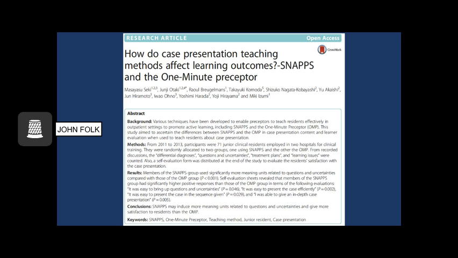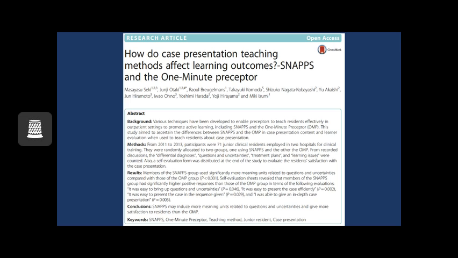Secchi et al. in 2016 investigated the learning outcomes of resident physicians working with preceptors at 2 hospitals. Participants were randomized to one of 2 groups, where one used SNAPS and the other OMP. Meaning units were defined as discussions that included differential diagnosis, questions and uncertainties, treatment plans, and learning issues.